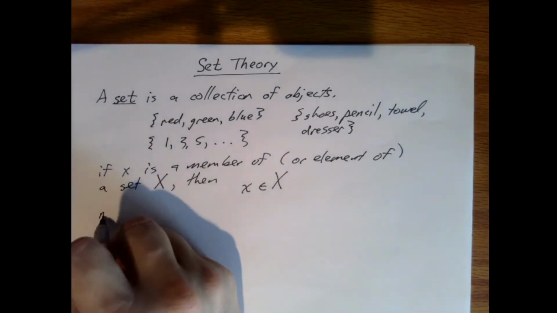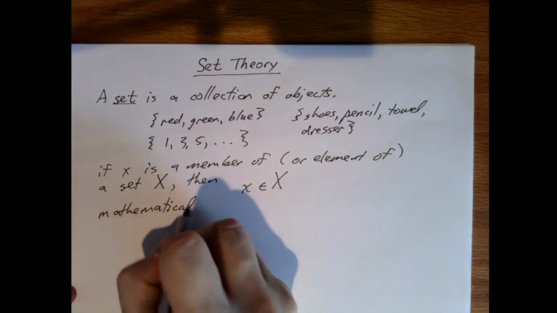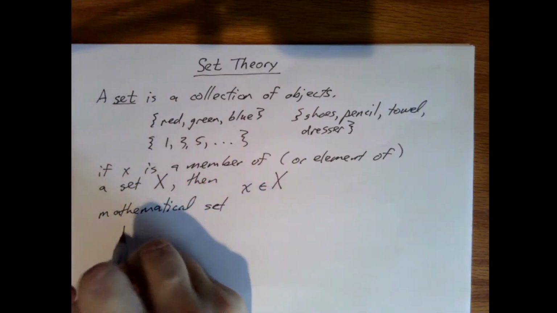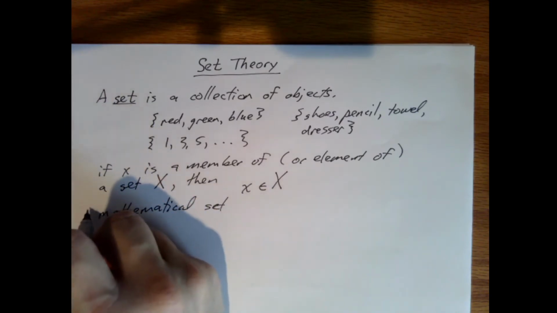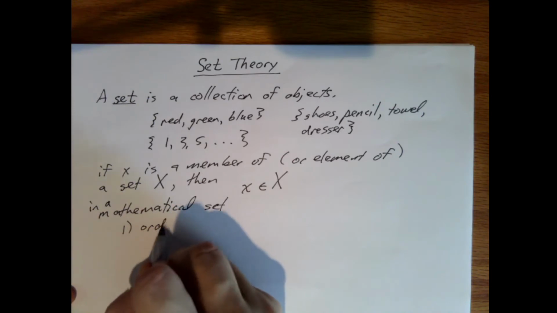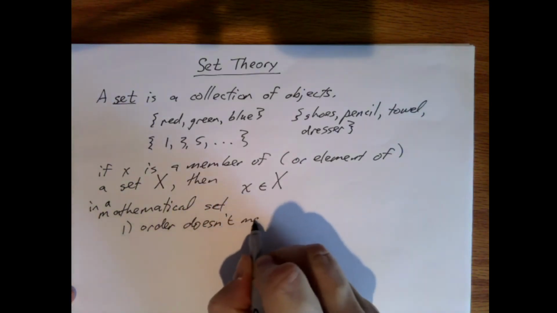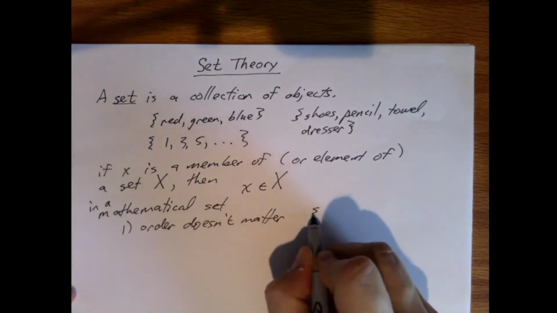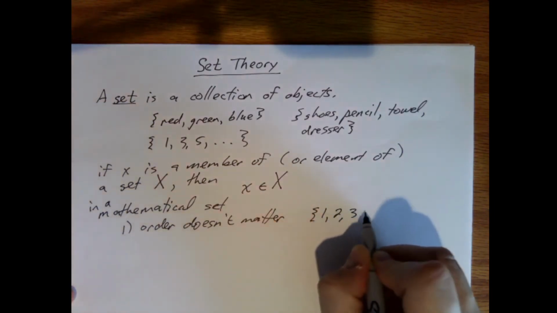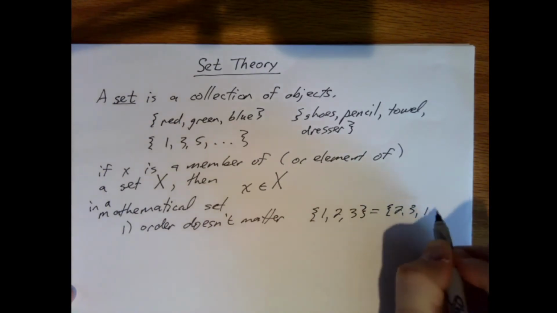So in a mathematical set, order doesn't matter. That is, 1, 2, 3 is the same as 2, 3, 1.